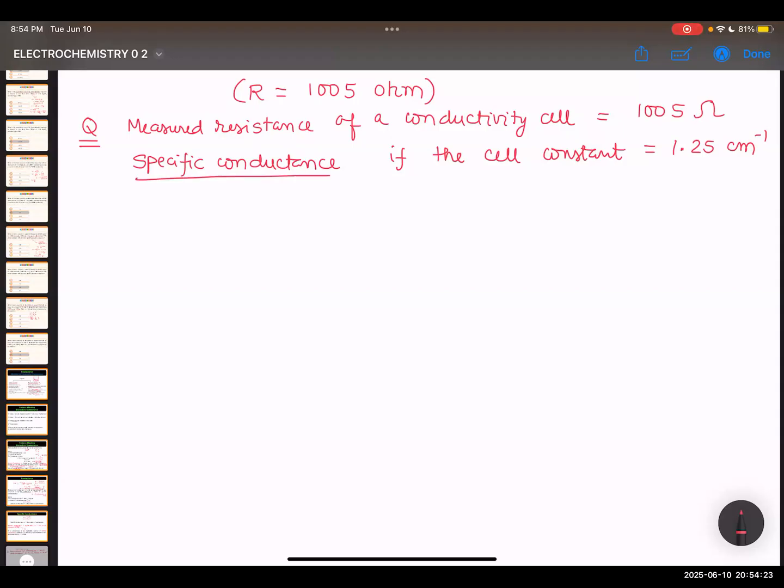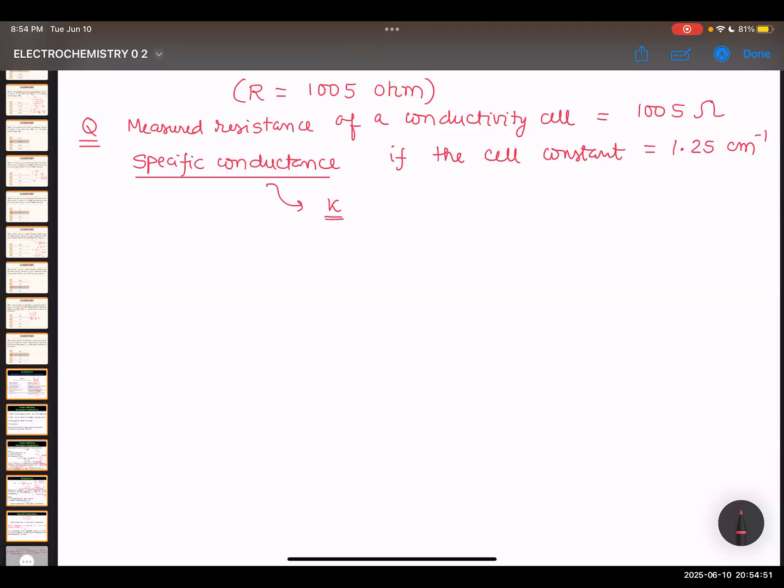Specific conductivity or specific conductance is kappa, they are asking. Ibrahim, what formula are we going to apply? This is a straightforward question.